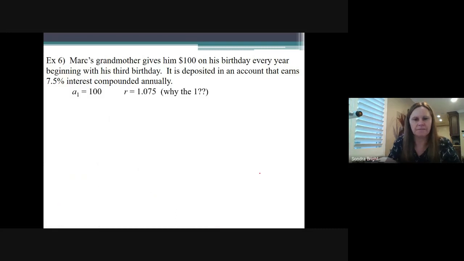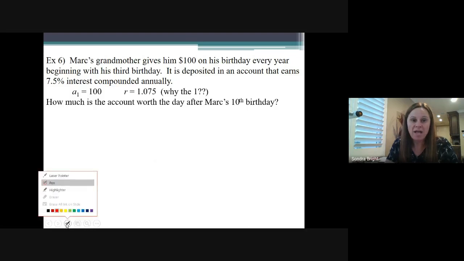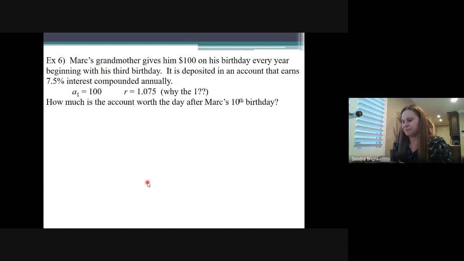All right, so they want to know, how much is the account worth the day after Mark's 10th birthday? So what is N after his 10th birthday? Well, you saw this last chapter also, right? You can't just go 10 minus 3. It started with his 3rd birthday and then went to his 10th.